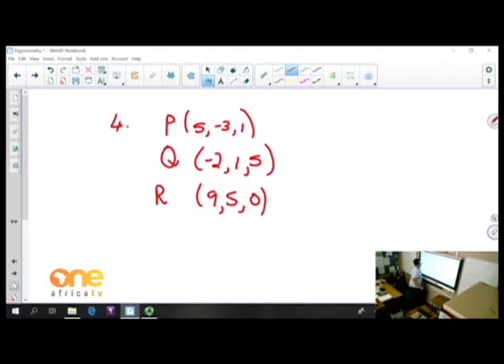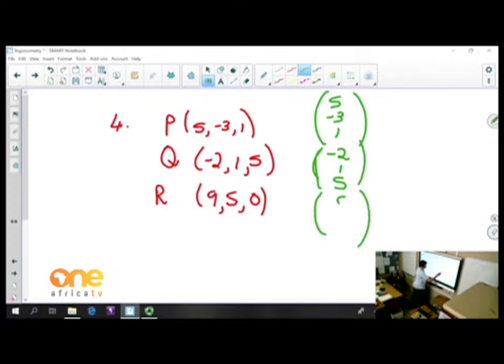So again, we can change from coordinates to column vectors, and you can change from column vectors to coordinates. That's also a question that they ask you sometimes. So this one as a column vector is negative 2, 1, 5, and this one as a column vector is 9, 5, 0.